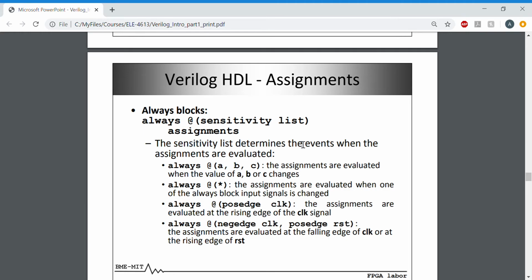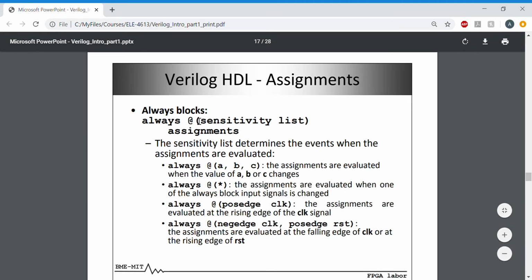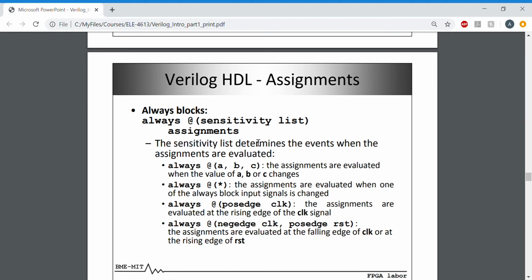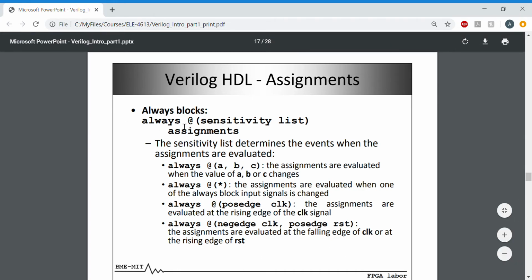Always at, the at sign, and then the sensitivity list. What is a sensitivity list? It is a list of variables for which you are going to reevaluate this always block when they change.